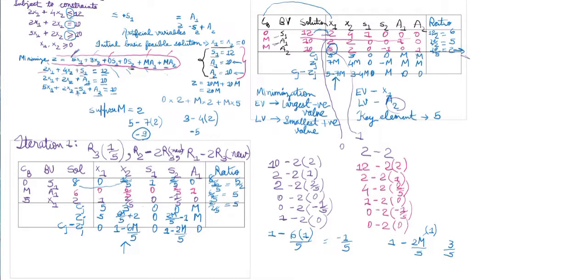So our smallest positive value is 5 by 2. Hence the entering variable will be x2, the leaving variable is s1 and the key element will be 16 by 5. I'll just circle this.